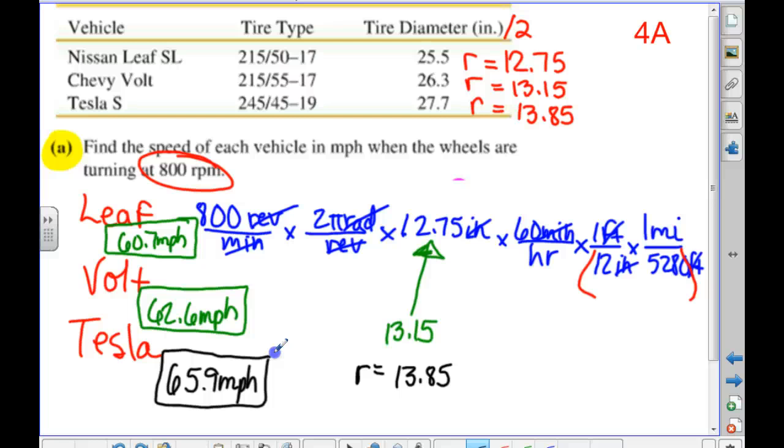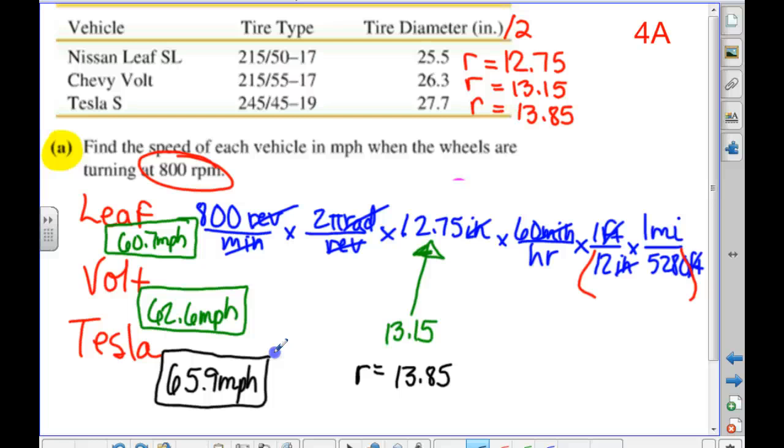So when you change the tire out on your car, if you decide to put the Tesla's tire on the Leaf, it is basing that off 800 revolutions per minute, so the speedometer will say 60.7, but how fast are you really driving? 65.9.